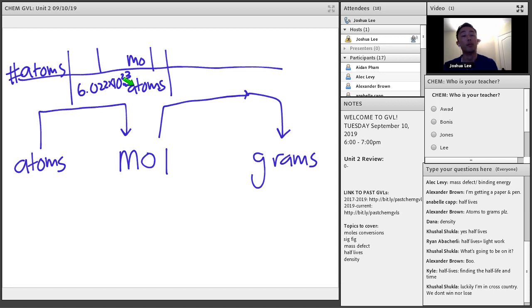Then if you want to go from moles to grams, you put 1 mole down here and then grams right here. And this would be the molar mass of that element or that compound.